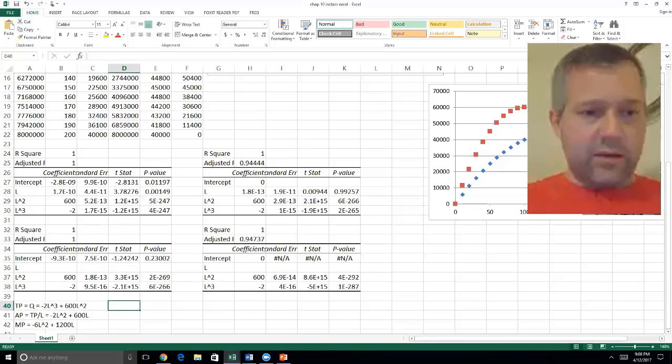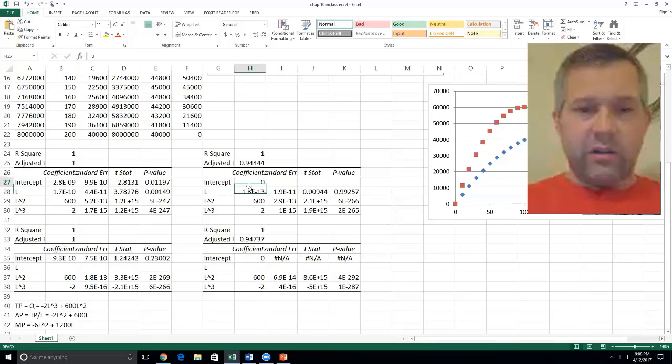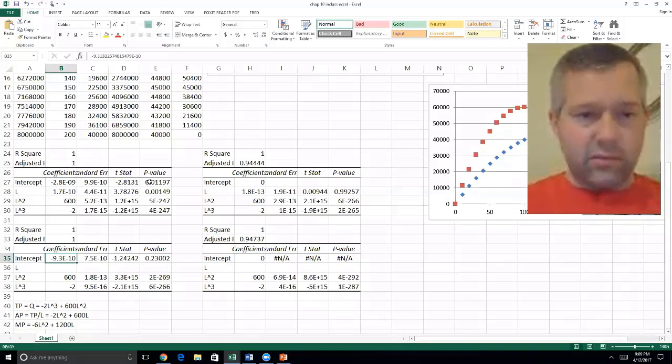And it doesn't really matter which one I pick, because if I didn't include an L term, I don't have any L variable to worry about. If I didn't include an intercept, I don't have to worry about the intercept term. And when I did include an intercept, it was so close to 0 anyway, I'll leave it off. This one is even insignificant too.